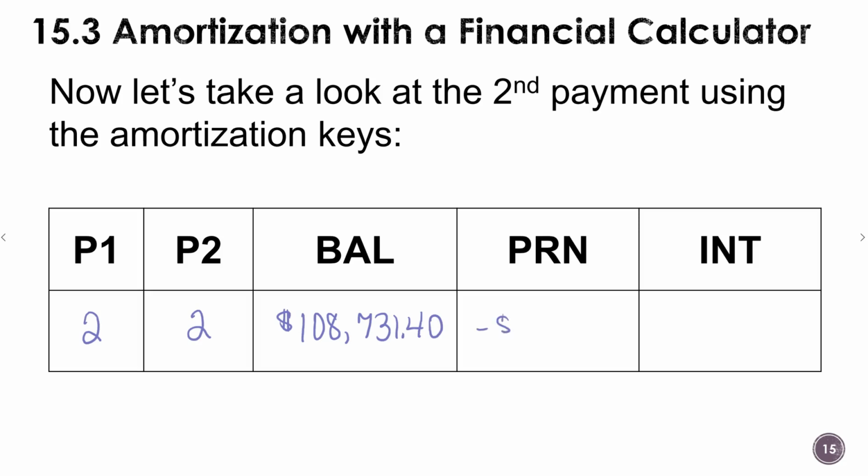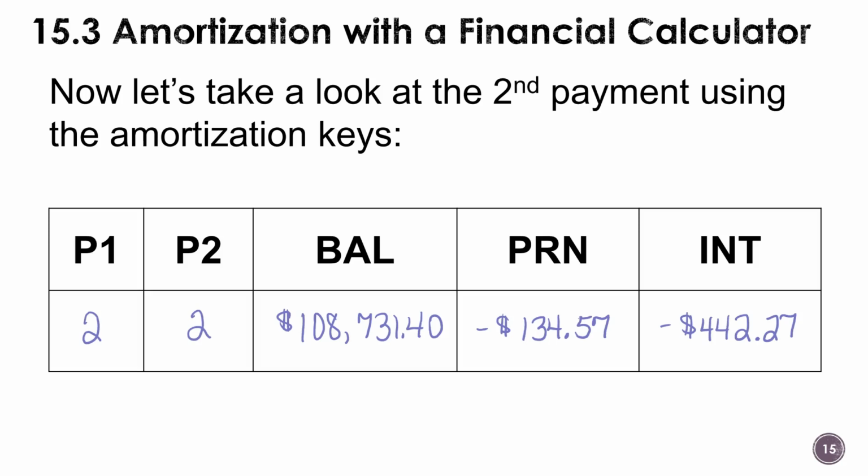And then our principal amount is 134.57. Interest amount is 442.27. And if you look back at the chart, you're going to see that these numbers match.